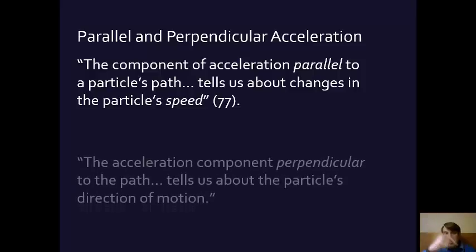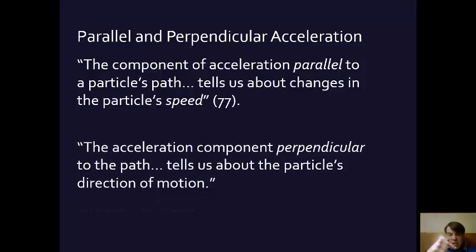But the perpendicular part of the acceleration is going to tell us about the change in direction. Whenever a particle is moving on a curve, it is accelerating inward, as we saw from the previous diagram. So the perpendicular component of acceleration is what changes the particle's direction of motion, whereas the parallel part of the acceleration is what changes the particle's speed if its speed is changing.